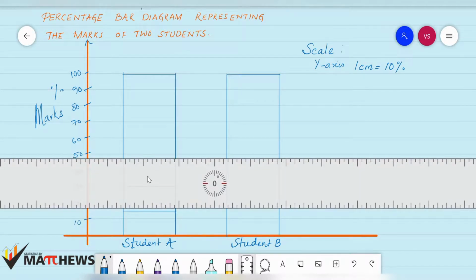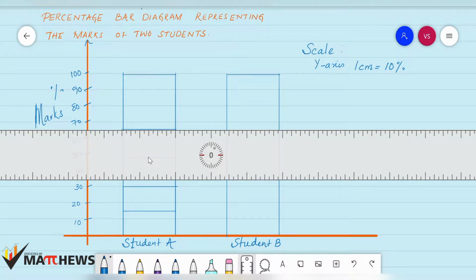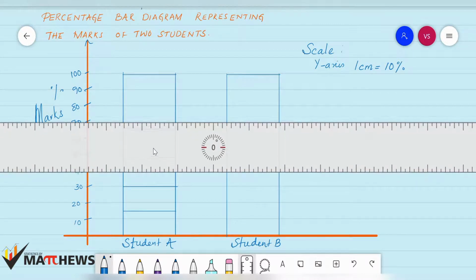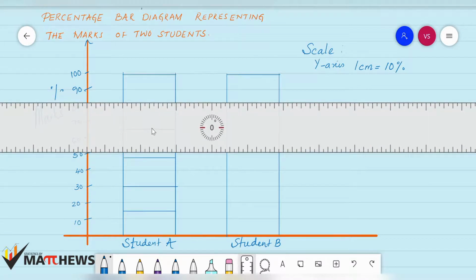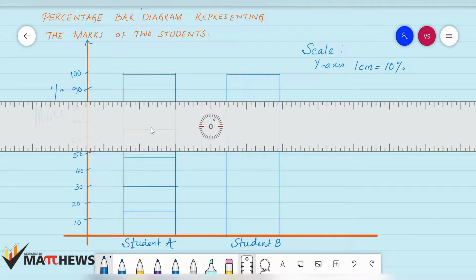I will mark it at 48. For 48, I added 17 marks, so I get 65. Then for 65, I add 17 marks, so it will be 82. And 82 plus 18, the last, will be 100. This is how we do it, students.